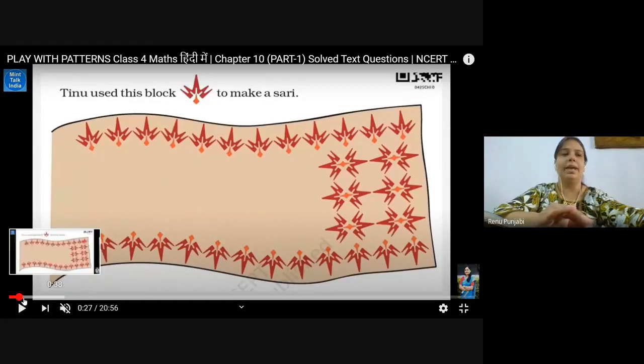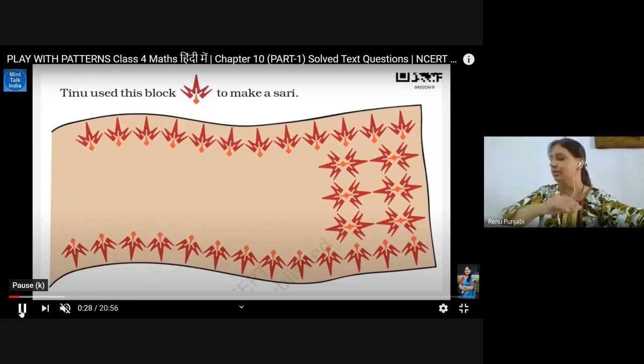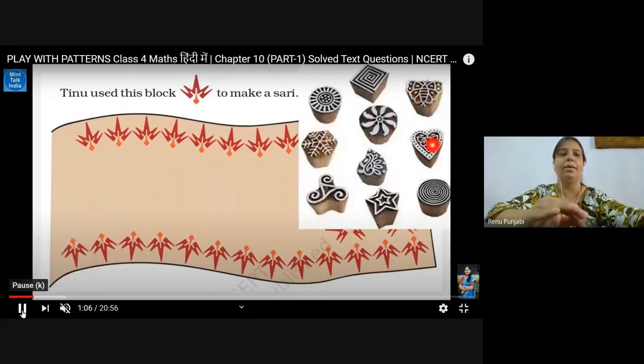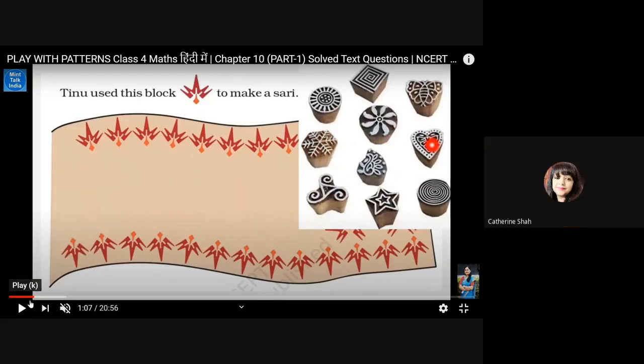Now on the next page I will show you the same block he has used to make the bed sheet, in which she has turned the blocks and made one design with one block only, right?